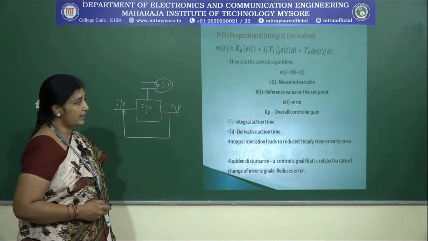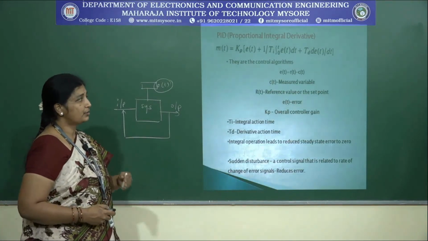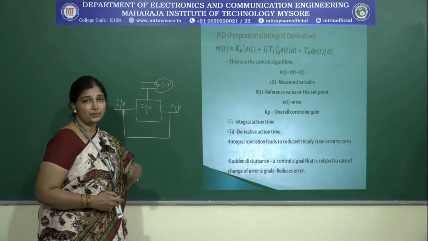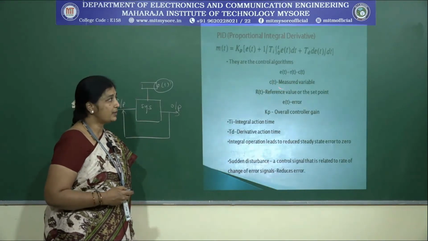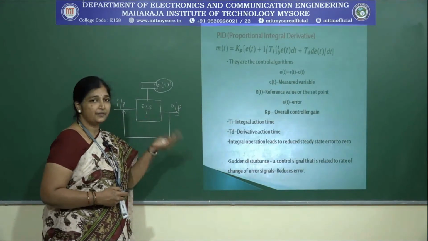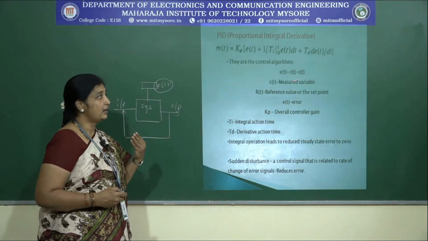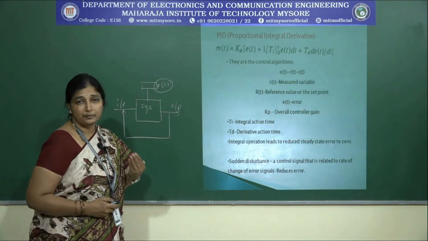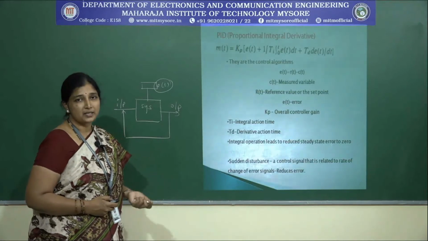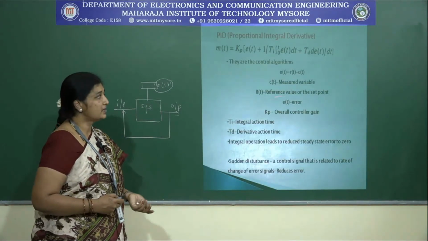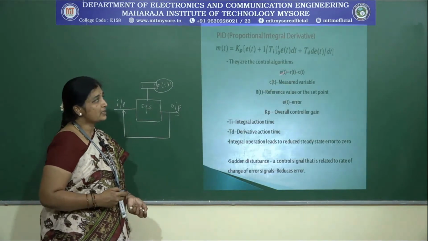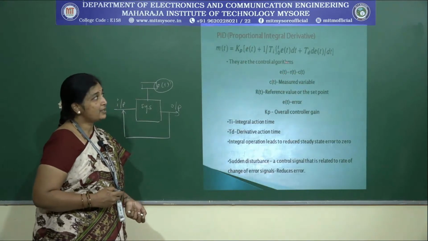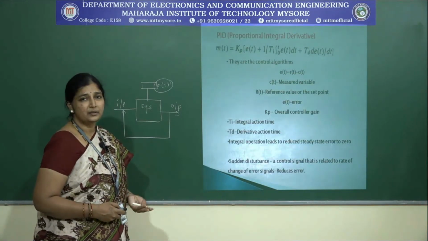If you just take the difference between the two, the reference is 10 and the measured value is say 4, then the error will be 6. So that 6 is an error, and that error has to be rectified in any system.